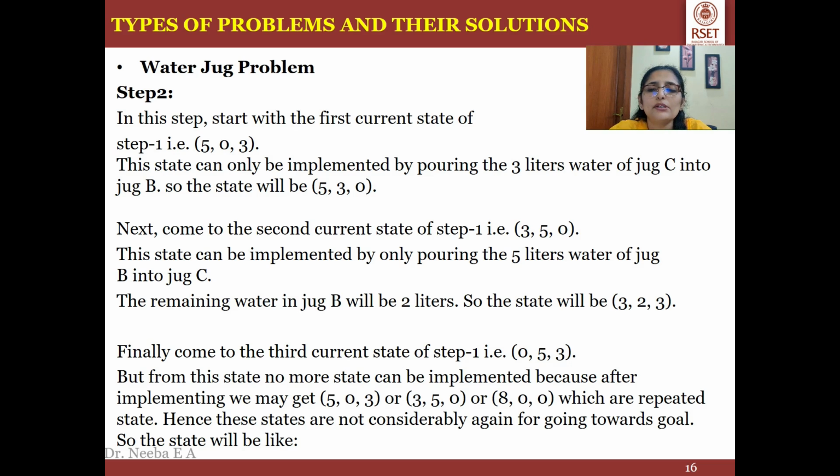So we can see that 800, 350 and 503 are repeated states. Hence we will not consider this towards the goal.